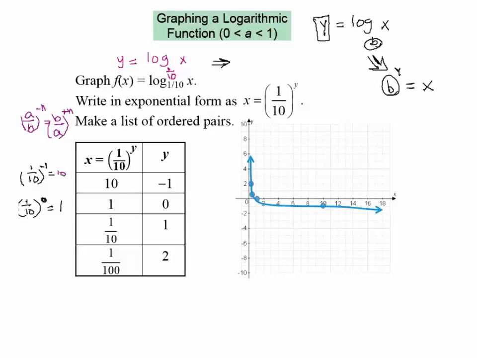So here I would get 10/1 to the power of 1, which is the same as 10. So as I decrease the value of y, the value of x increases.